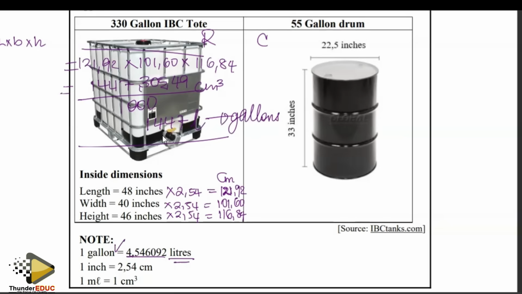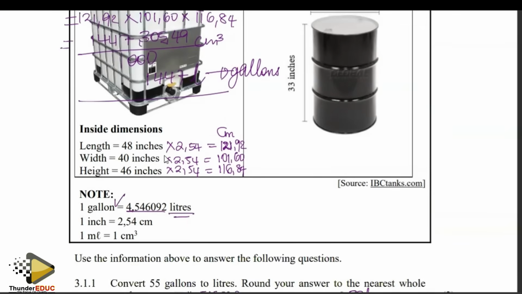We shall change the liters to gallons by dividing. Because these are liters, we divide by 4.546092. And we end up having the answer as 318 gallons.